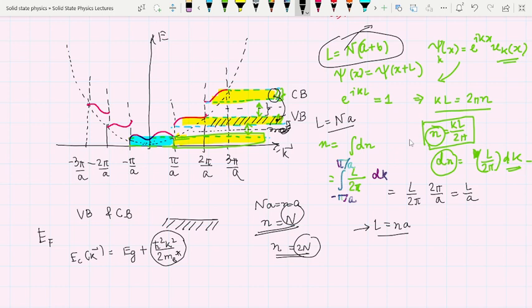The energy possessed by the electron is ħ²k² by 2m*, where m* is the effective mass, and from the definition, m* is ħ² by d²E/dk². That we can derive also, if you require, we can derive the effective mass formula.